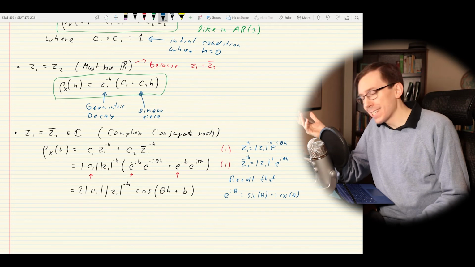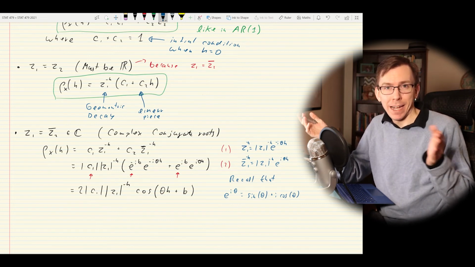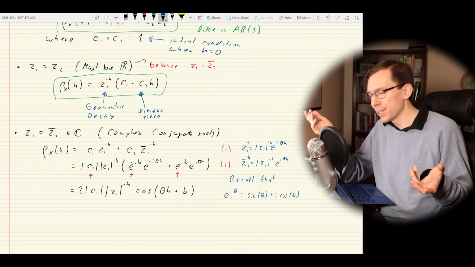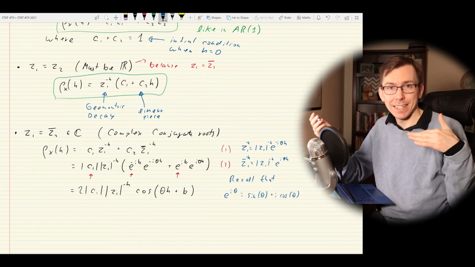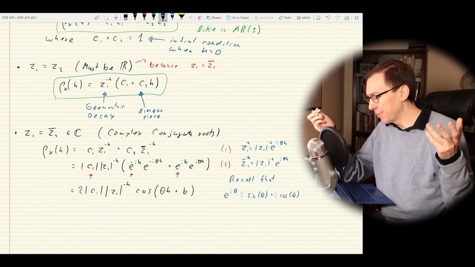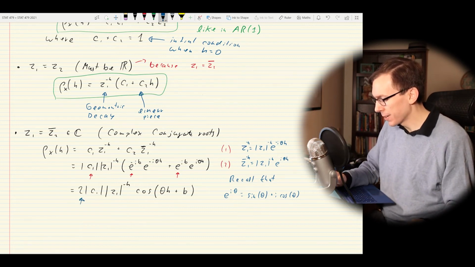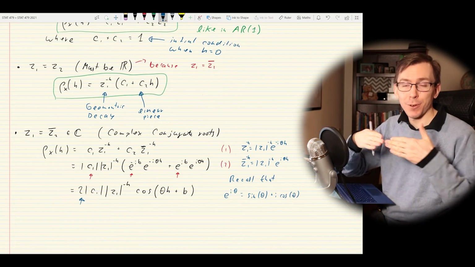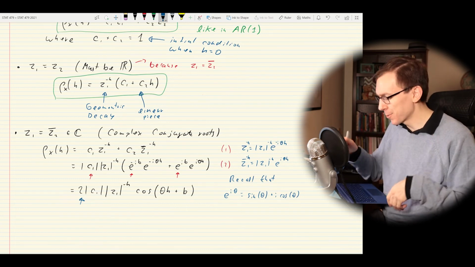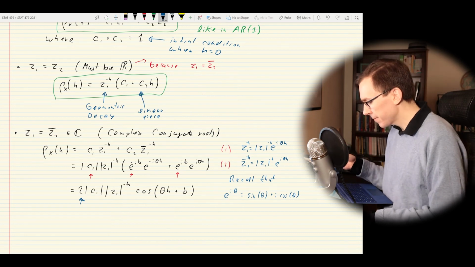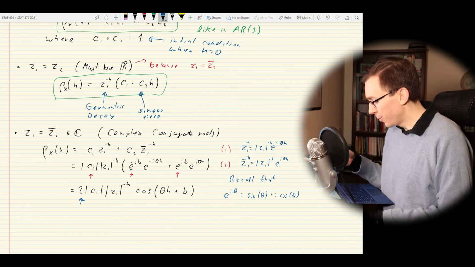and what am I trying to say here? Sine is an odd function, so the minus sign would pop out front and cancel out, whereas cosine is an even function, so the minus sign would just vanish, and we'd add two cosines together, which is why there is a 2 out front. The sines would subtract from each other and cancel out, which is why there's no sine function in this expression. All right, cool. So what does this mean?